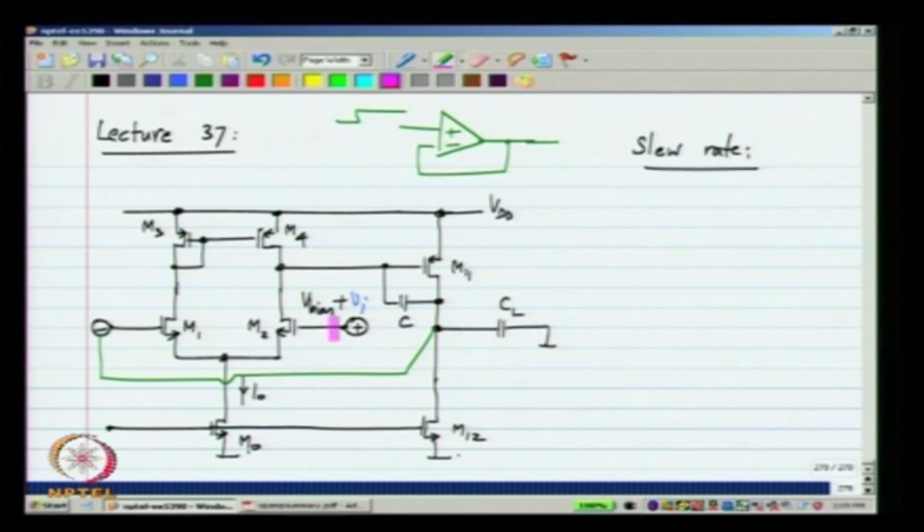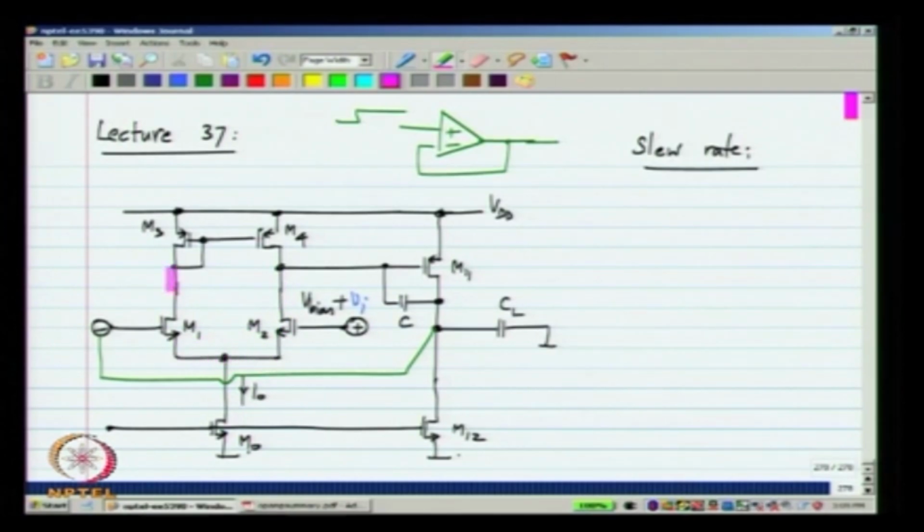Now, we know that for larger and larger values of V I, the incremental current in M2 becomes larger and larger. For very small values of V I, the total current here will be I naught by 2 plus GM1 times V I. As V I increases, the current in M2 becomes larger and larger, but the increment cannot go beyond I naught by 2, that is, the total current in M2 can only be I naught.